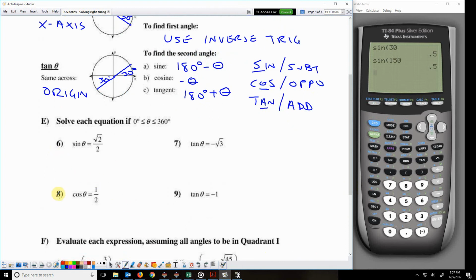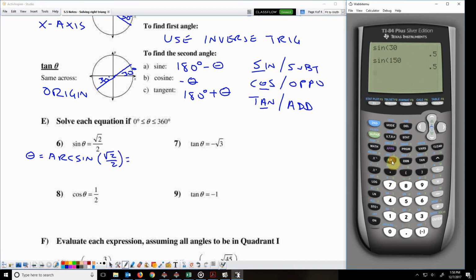So for 6 through 9 here, I want to solve for theta, and theta has to end up being between 0 and 360, and we're going to be able to get two solutions. So to get the first solution for theta, theta equals the inverse, or arc sine, √2/2.